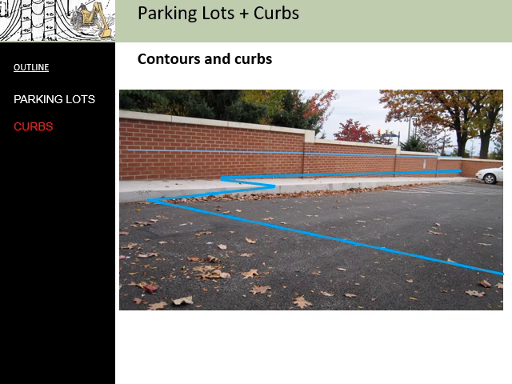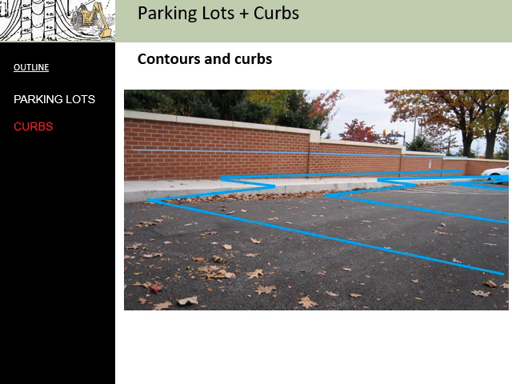It's going to be worth your time to come back and look at this slide a few times, because this is basically a perspective representation of what you're going to be drawing in plan on your exercises and on your drawings. So this pattern of contours in a parking lot is going to repeat itself on a uniform slope, and this is exactly what you're going to imagine in a perspective drawing, but you're actually going to have to draw this in a plan drawing.